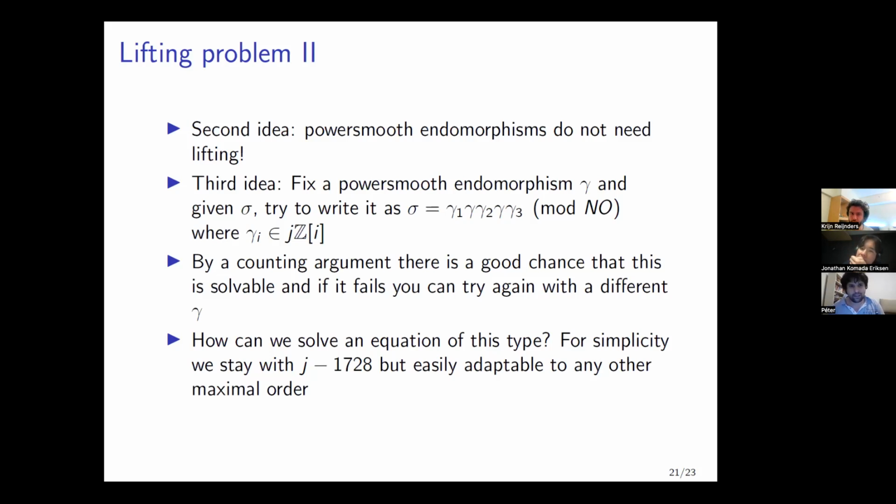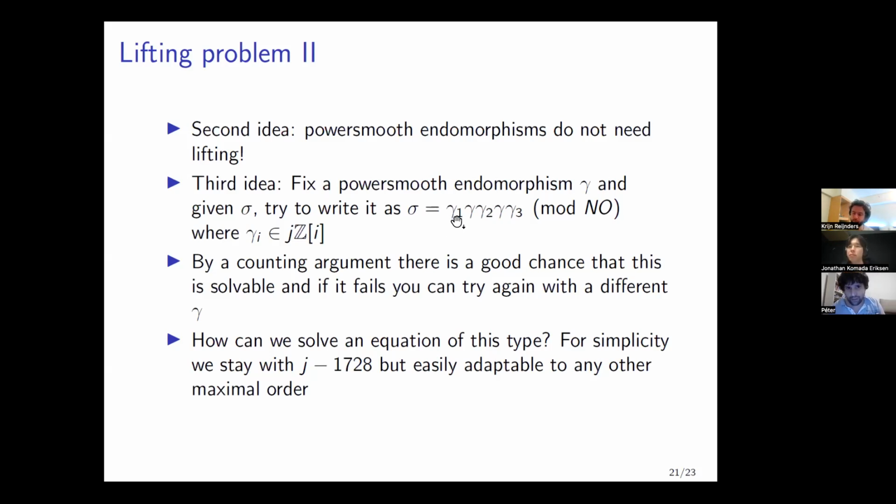And then if you use this super teeny tiny idea, you can get a lot further. Now what you want is, you fix a power smooth endomorphism gamma, and then you lift a sigma endomorphism. Suppose we want to stay in J1728 for simplicity, but it's easily adjustable to everything else. And then you want to write it as this long product.